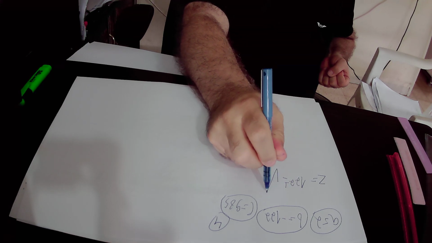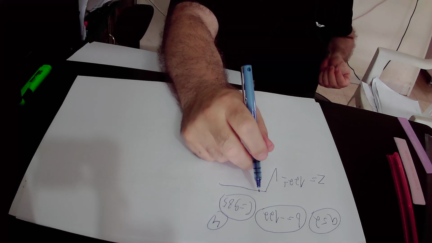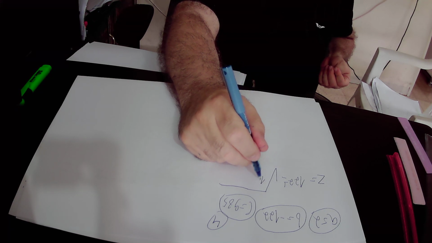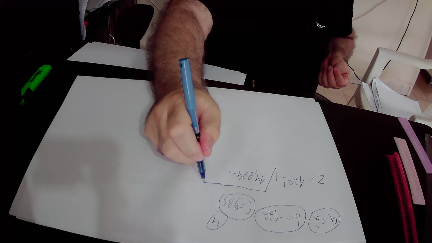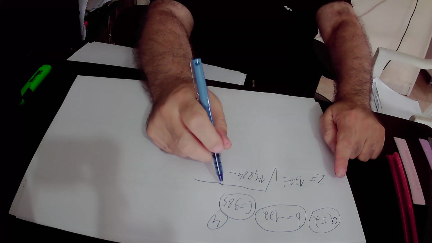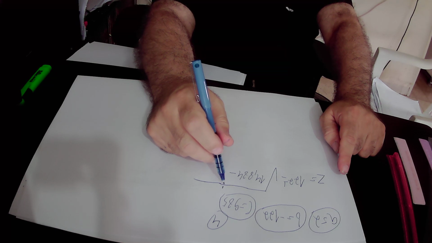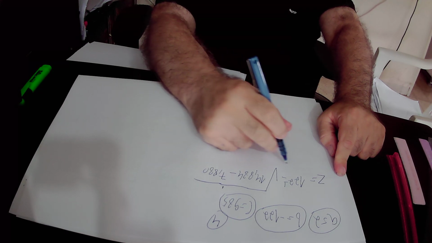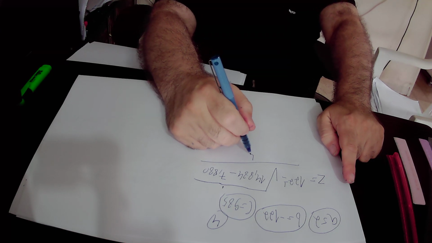minus square root of b squared, that is square root of minus 122 squared, that is 14,884, minus 4 times a is 2, so minus 4 times 2 is minus 8, times c is 985, so minus 8 times 985 is 7,880, over 2a. a is 2, so 2a is 2 times 2, that is 4.